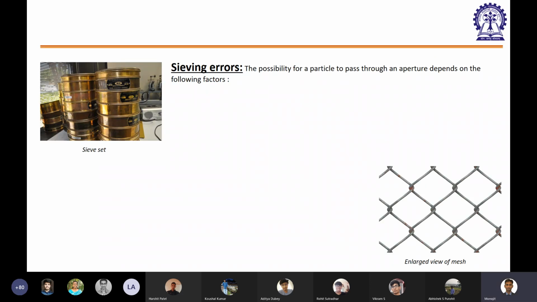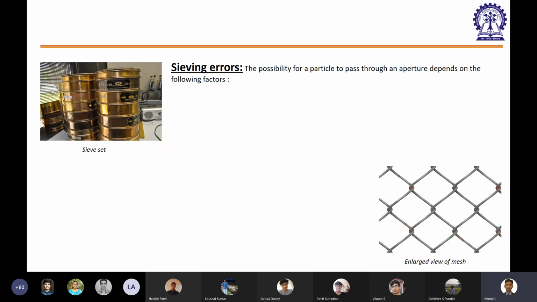So, some sieving errors. You can help me. The possibility for a particle to pass through an aperture depends on the following factors. Just name one or two that come to your mind, which can cause sieving errors.